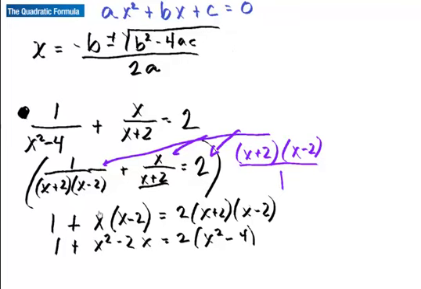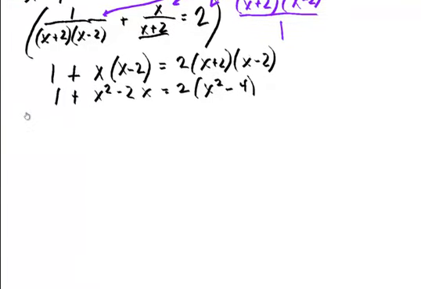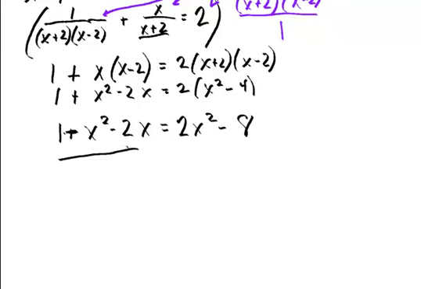Everybody's got to go to one side eventually here, so I'm going to need more room. So I'm going to have 1 plus x squared minus 2x equals 2x squared minus 8. I think I'm going to move everything over this way.